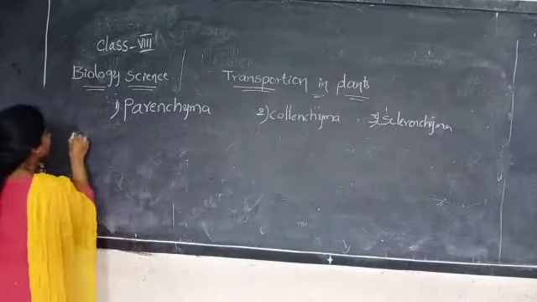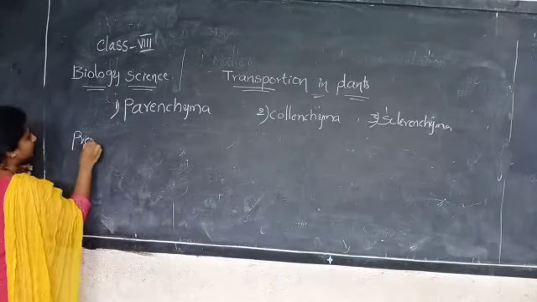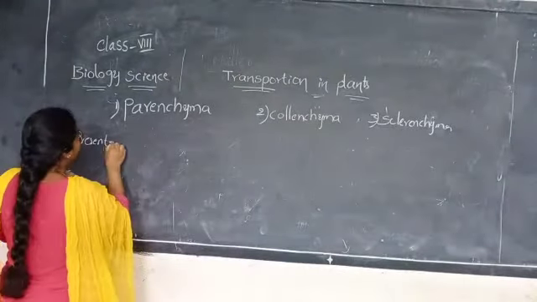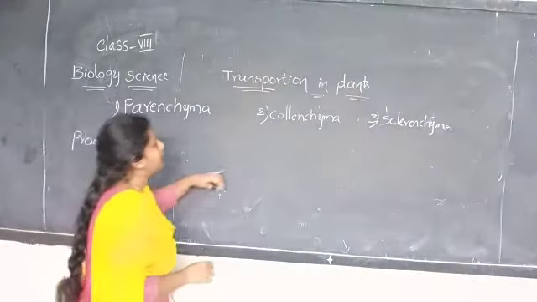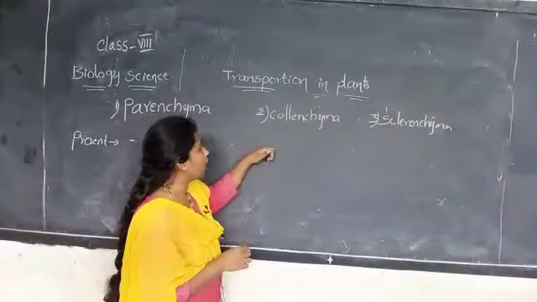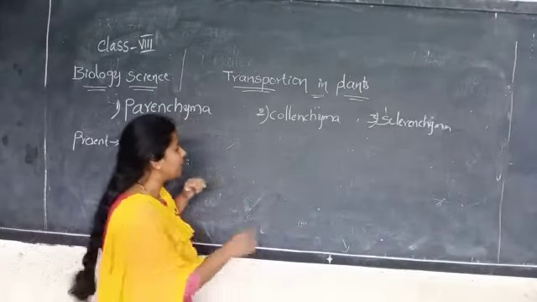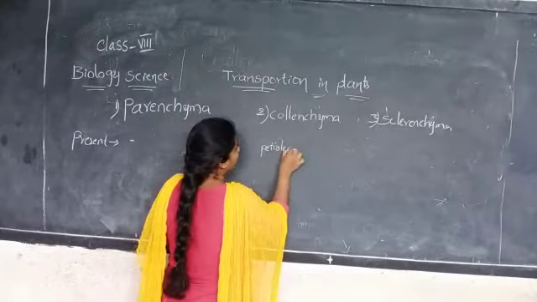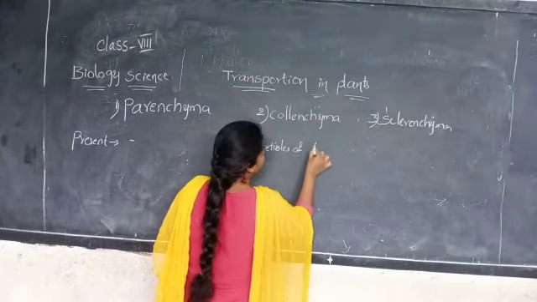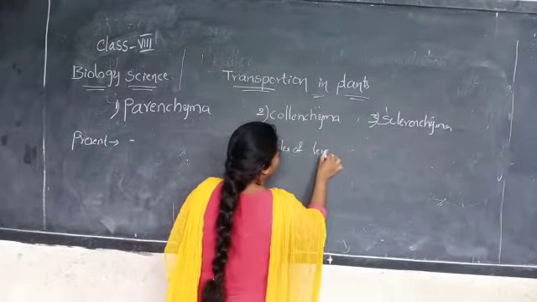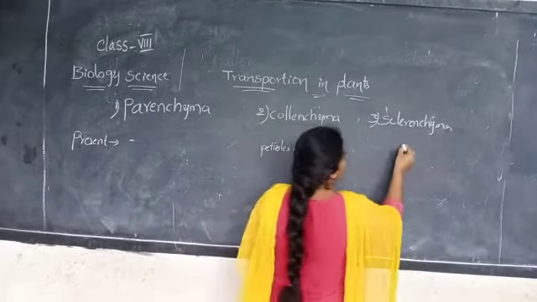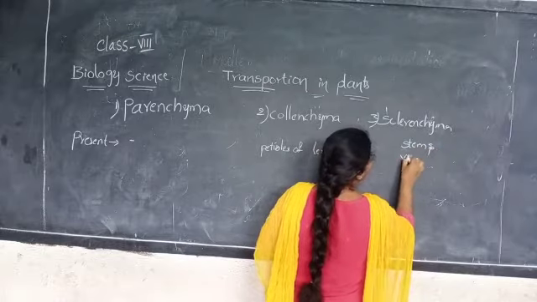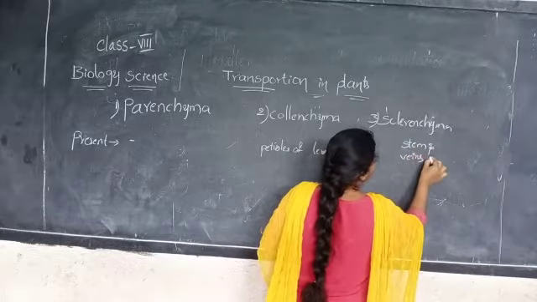It is present all over the body, in all parts of the plant. It is present below the epidermal layer and in the petioles of leaves. It is present in the stem and veins of the leaves.